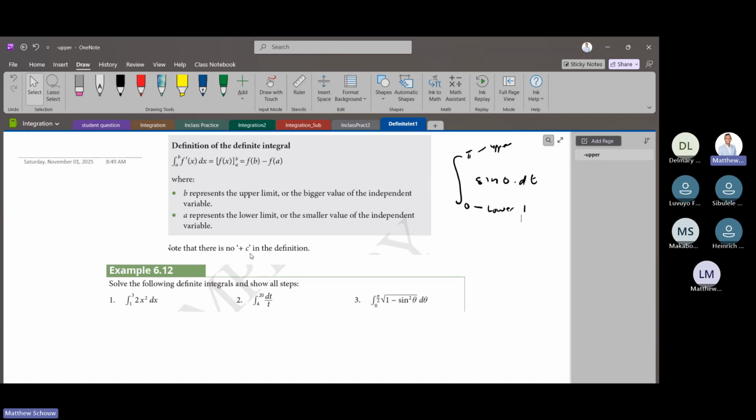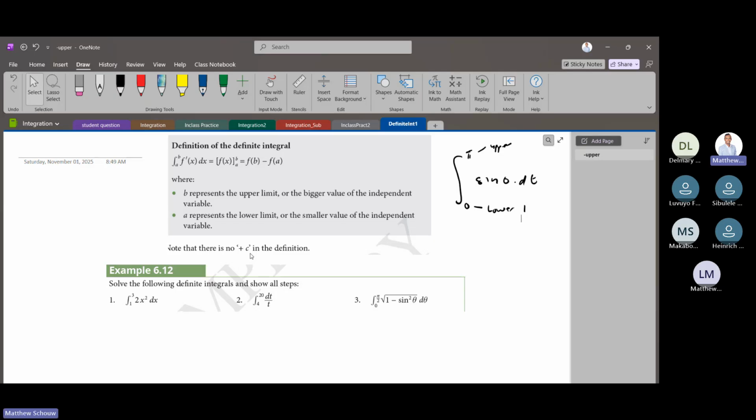A definite integral will have an answer. What I mean by that, it'll be either 5, 5.5, 10, 10 pi, 3 pi, 4/25 pi. It'll have a defined answer. So that's the difference between the indefinite and definite integral.